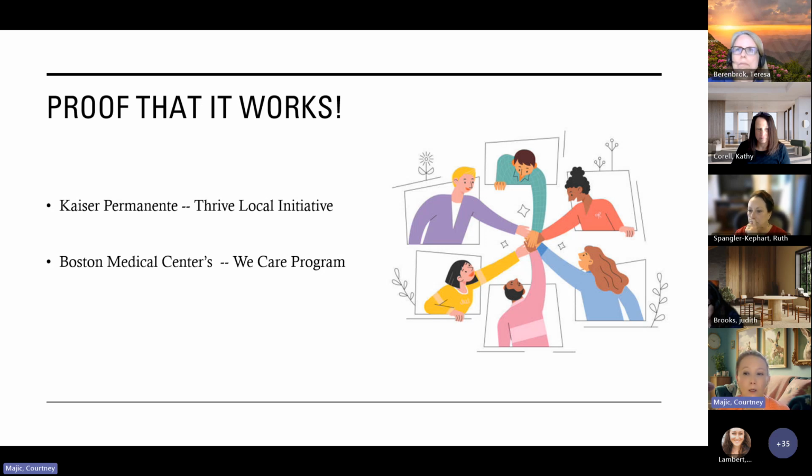And enrollment in community programs such as public housing and Head Start programs for early education increased from 24% to 39%. So I thought that those were two good examples of organizations that have been collecting this data, and they have already been able to use it to make positive impacts for their group of patients who are impacted by social determinants.